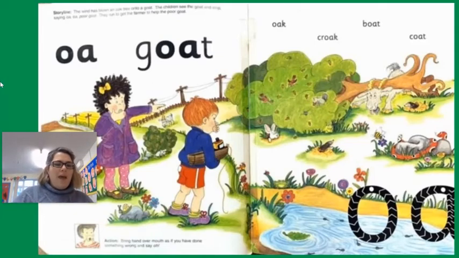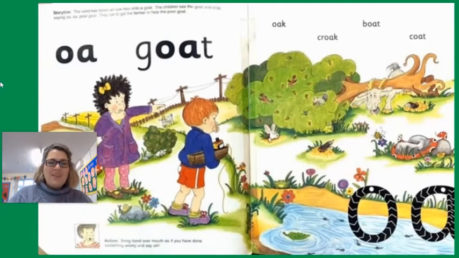What's the girl wearing? It's a coat. Is there an O sound in coat? Well done, you're right. Let's see, is there anything else I can see? Oh, what is the little boy holding? It's a boat. Boat. Has boat got an O sound in it?